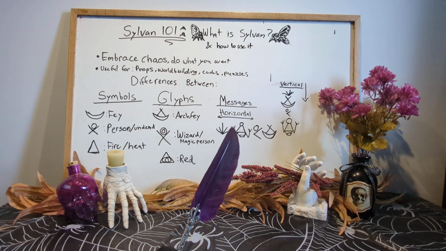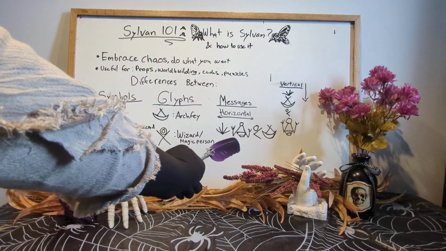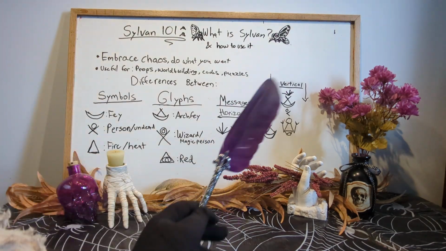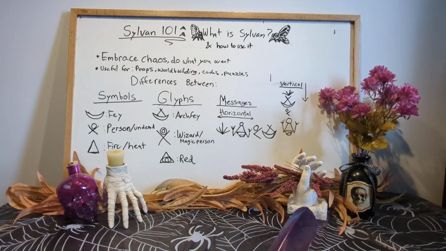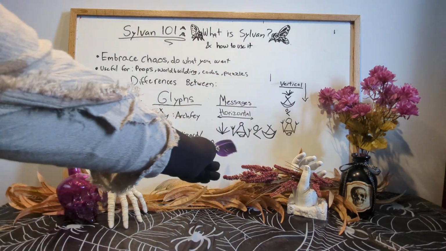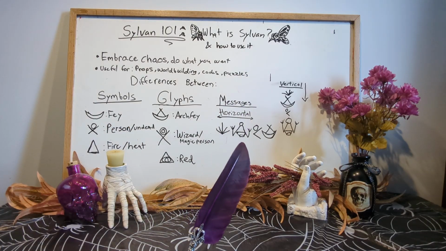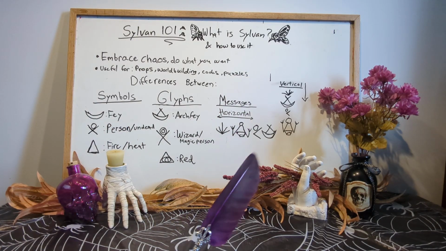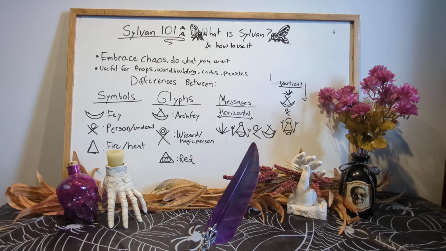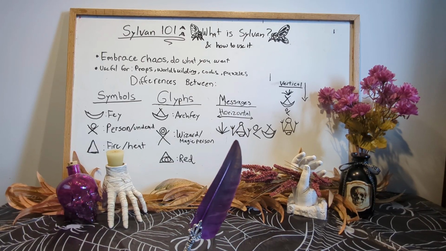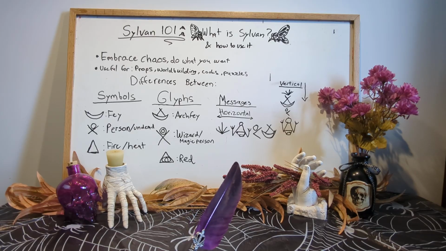Messages are used typically by fae who are trying to communicate with creatures, mortals, that are used to writing systems. They will typically not write messages in between themselves. And why would they do that? I'll get back to the vertical writing in a second. Why would they write messages like this? Well, fae like to be tricksy. And nothing is more tricksy than writing in a way that your victim can comprehend, but in a language they cannot.